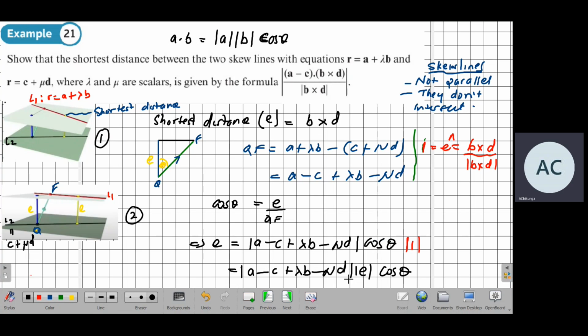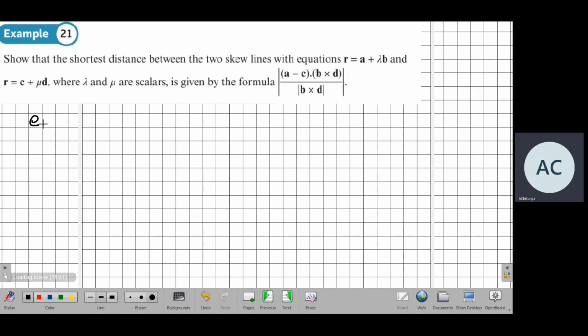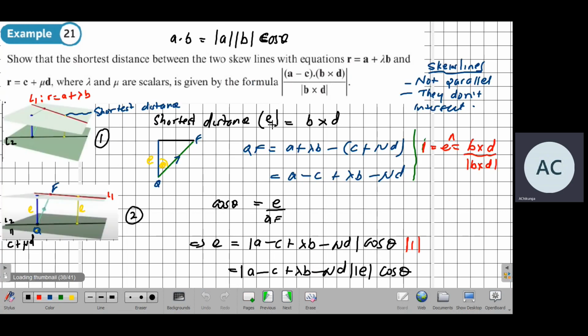So if you look at this formula right here, it is actually the same as that, which takes us to say E is equal to the magnitude of this vector, which is the same as saying E is actually equal to A dot B, which is going to be this vector dot this vector.